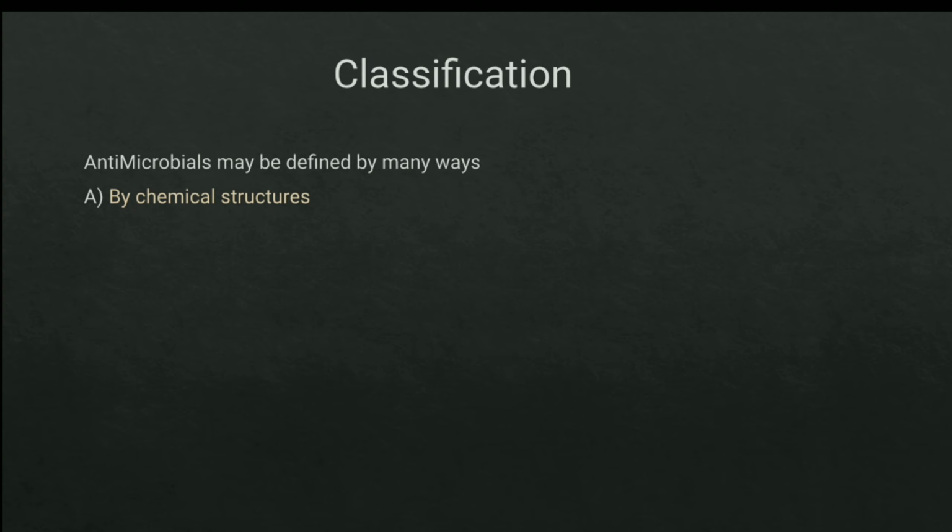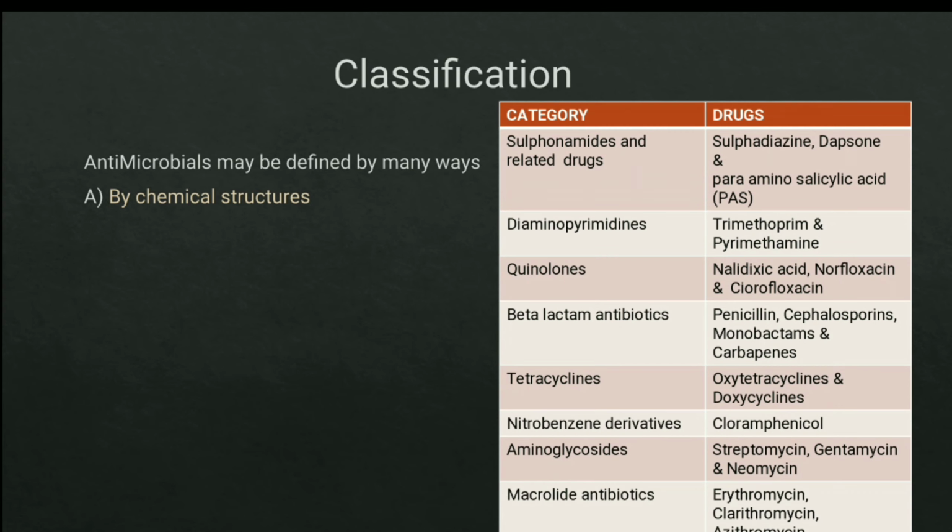The antimicrobials are divided into six classifications. The first classification is by chemical nature. As you see in the table, there are different categories divided according to chemical nature. We have sulfonamides, like sulfadiazine, dapsone, para-aminosalicylic acid.